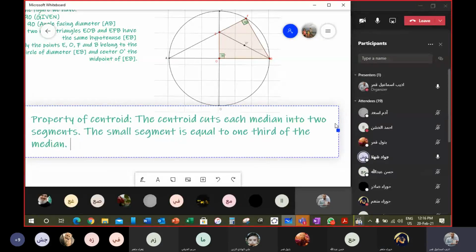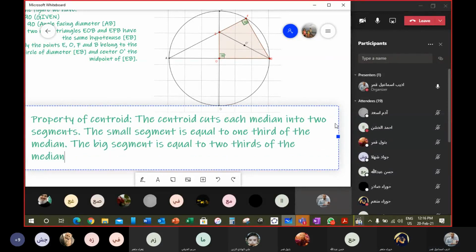The small segment is equal to 1/3 of the median, and the big segment is equal to 2/3. What does 2/3 mean? Two thirds. So the small segment is 1/3 of the median and the big segment is 2/3 of it.